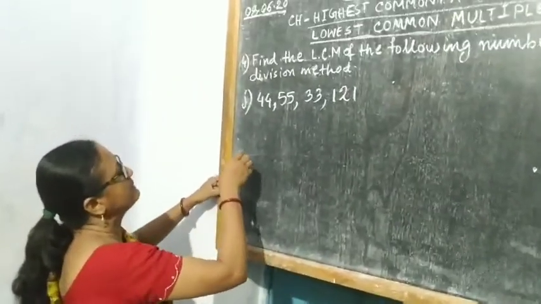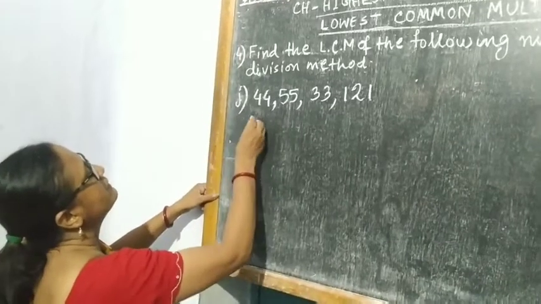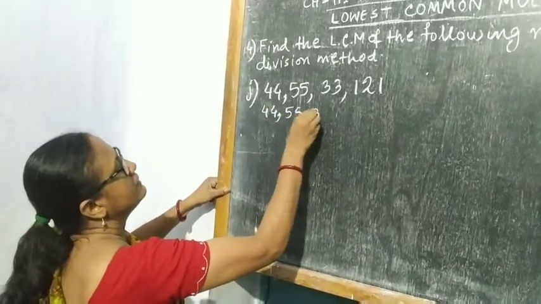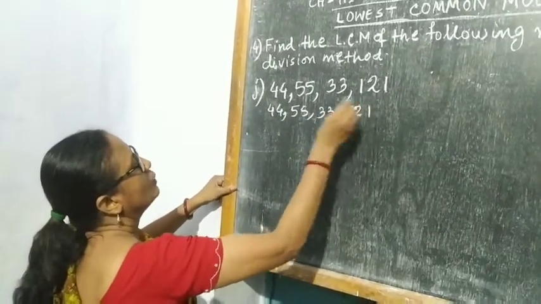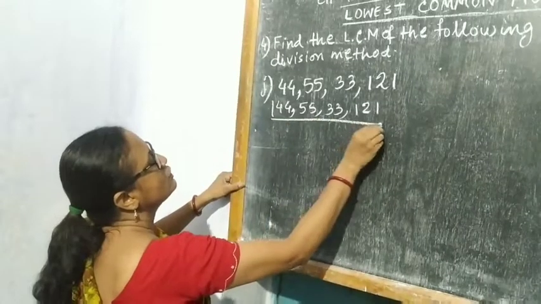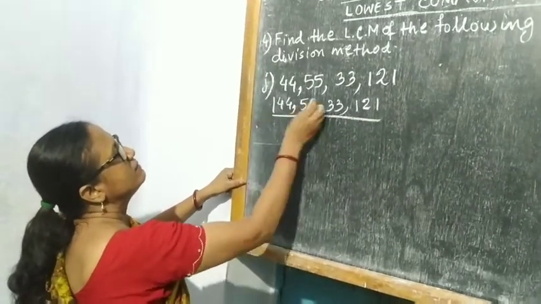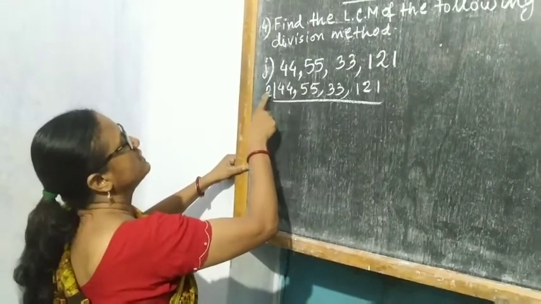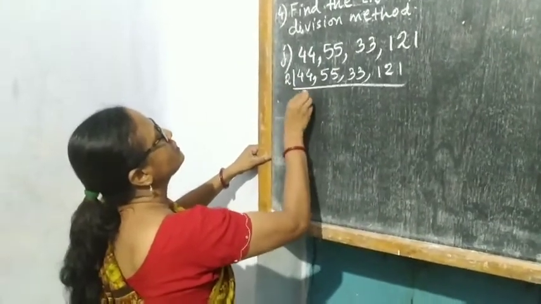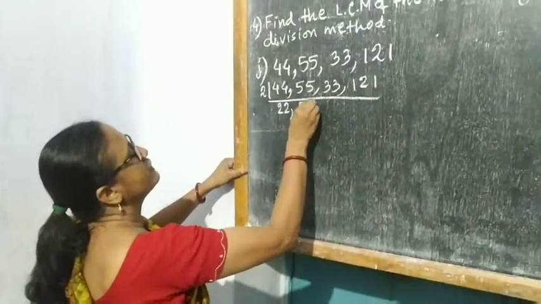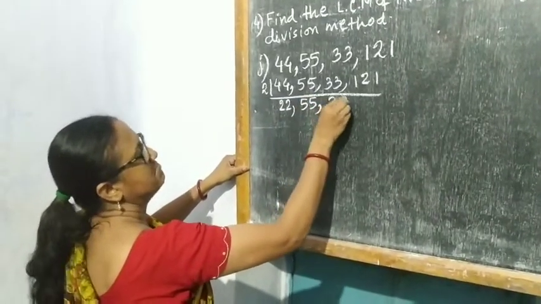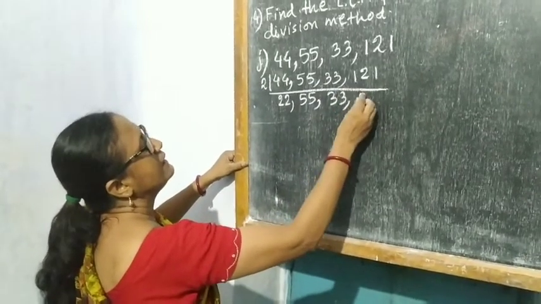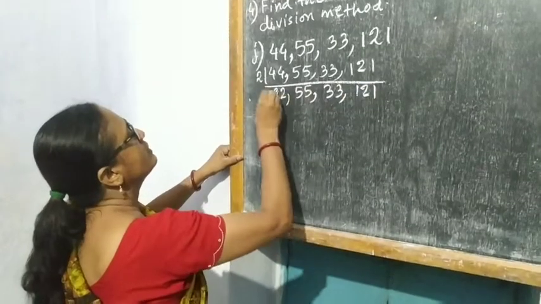Now children, let's do sum number J by the repeated division method. First you write the sum 44, 55, 33, 121. So first you divide them by 2 because here 44 is divisible by 2, so 22. 55 is not divisible by 2, 33 is also not divisible by 2, 121 is also not divisible by 2.